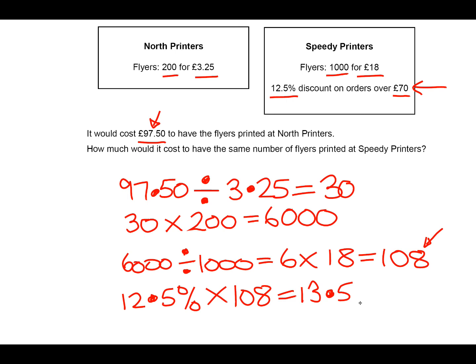So the final amount that we would pay Speedy printers for the printing is the original amount, 108, take away our discount of £13.50, and that gives us £94 and 50p.